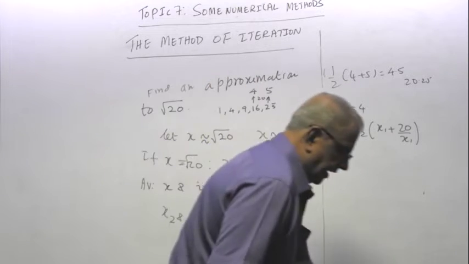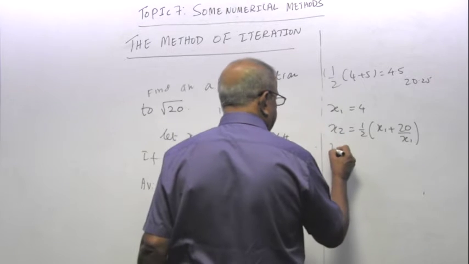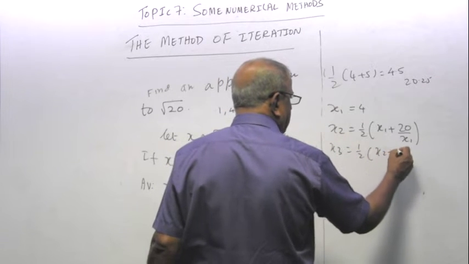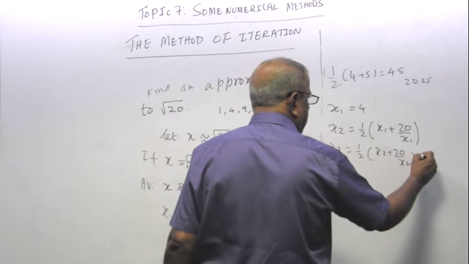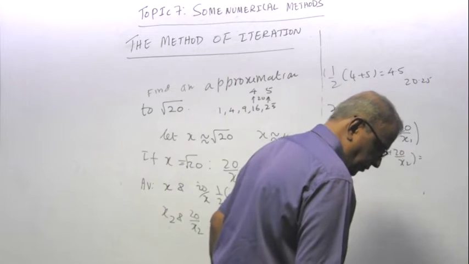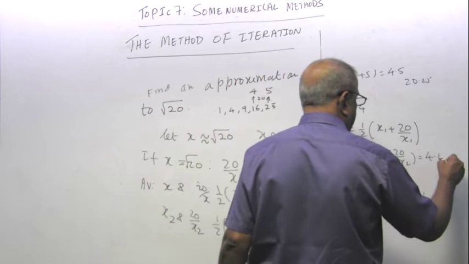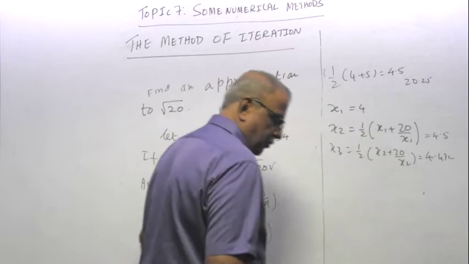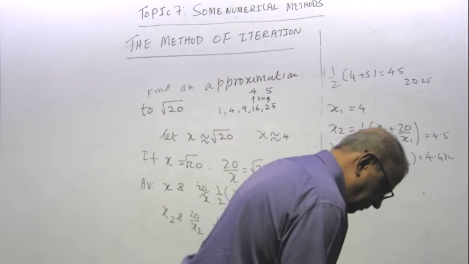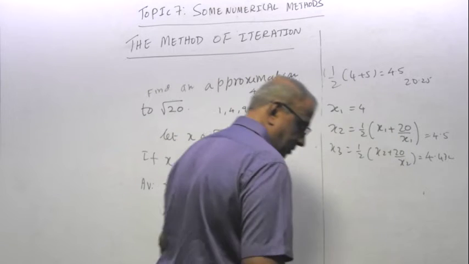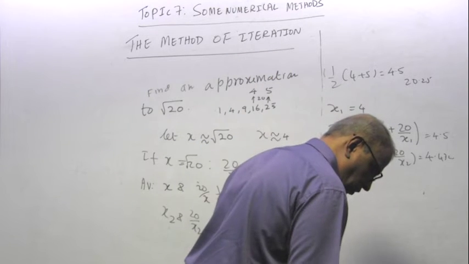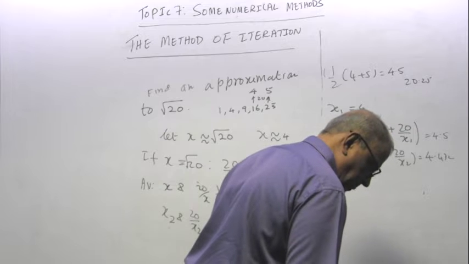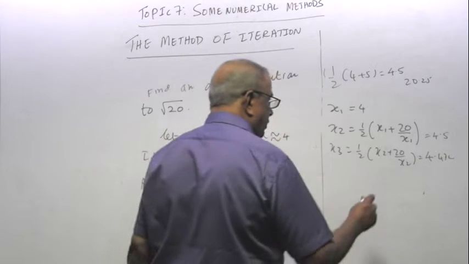Let's call that x3, so x3 is half of x2 plus 20 over x2, which is 4.472. What is 4.472 squared? Let's take it to 3 decimal places. 4.472 squared is 19.998.